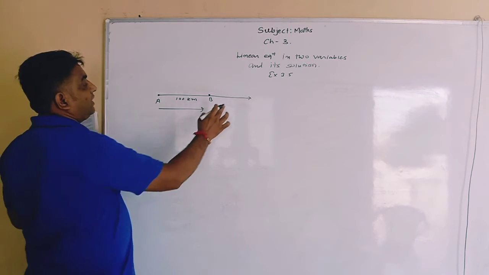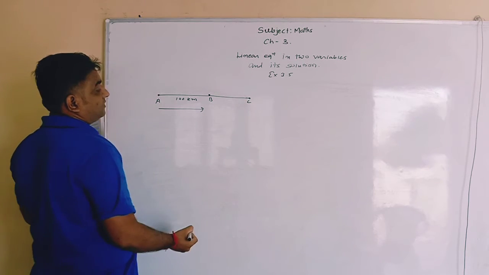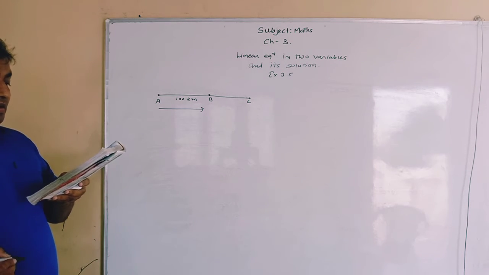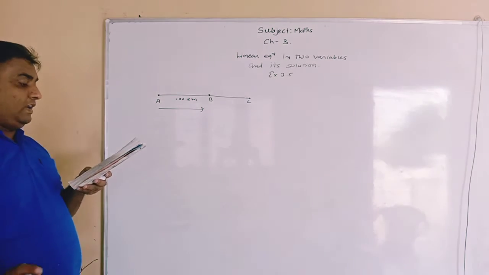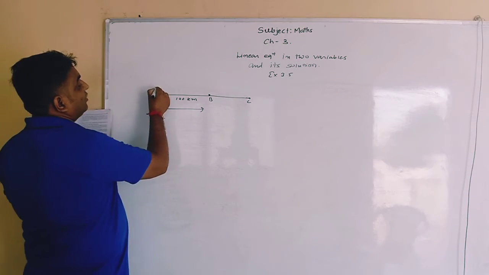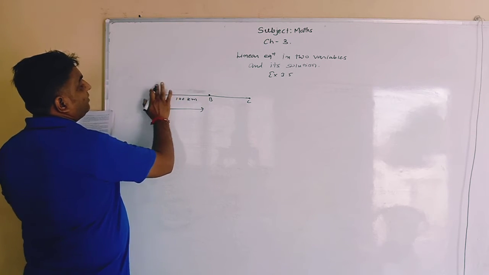And suppose they meet at point C. And if they travel in opposite directions, meaning A goes this direction and B goes this direction, then they meet in 1 hour.